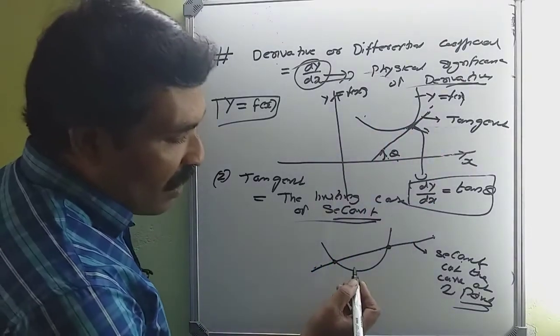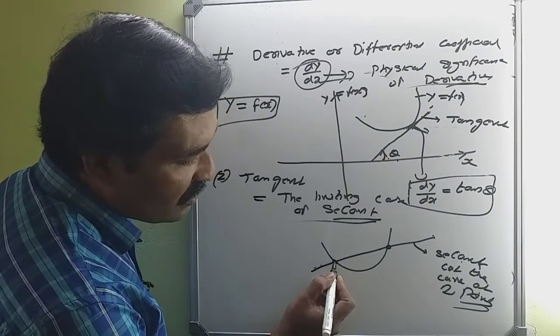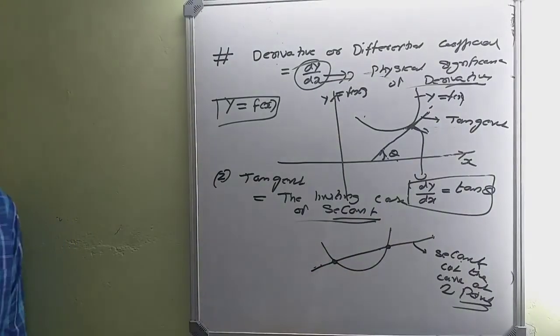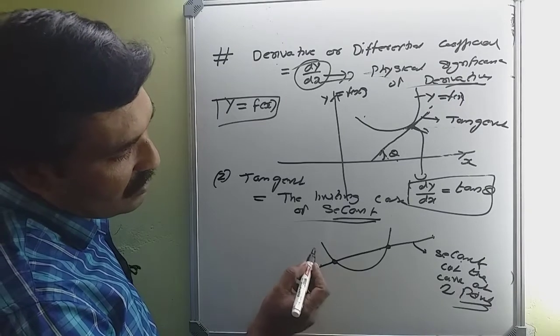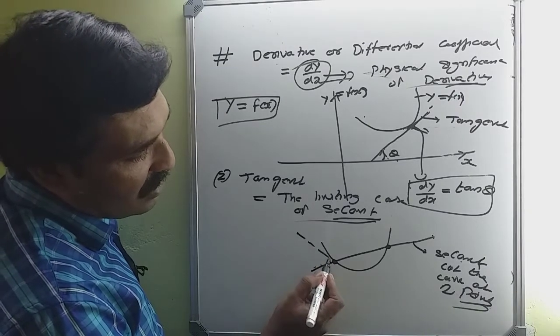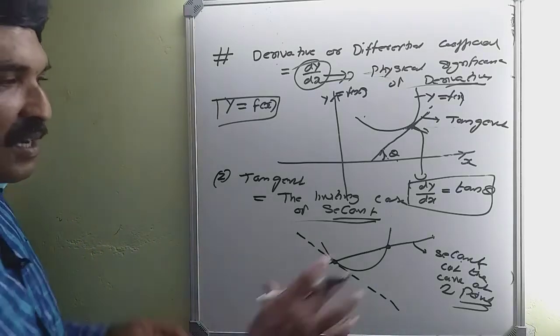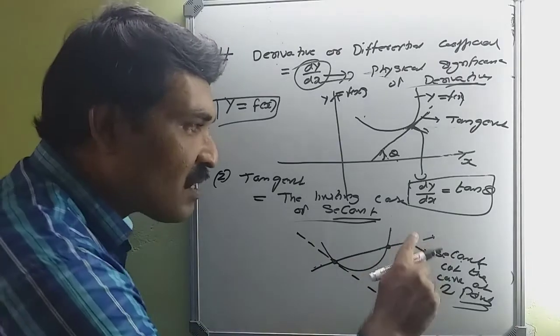Now, I want to find the tangent of this curve at this point. So what do you have to do? What is the tangent at this point? The tangent at this point will come like this. Consider this as a rod, fixed at this point, and apply some force here.